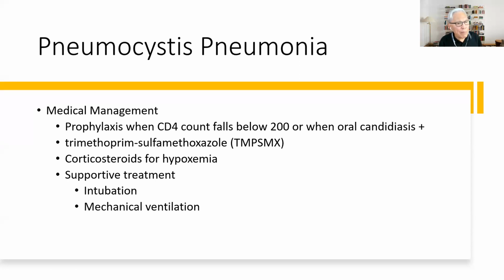So most of the patients who come in with pneumocystis are going to end up being on a ventilator. And to treat the infection, your TMP-SMX, your trimethoprim sulfamethoxazole, is going to be the agent of choice for these individuals.